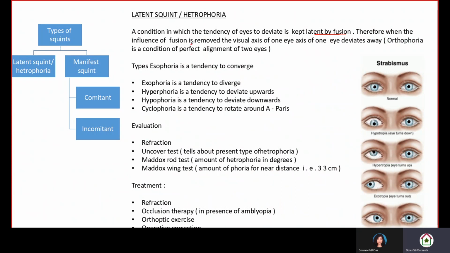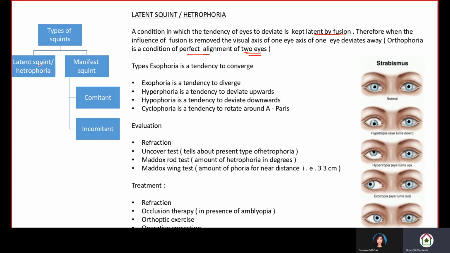Therefore, when the influence of fusion is removed, the visual axis of one eye and the axis of the other eye deviate away. Orthophoria is a condition of perfect alignment of the two eyes.